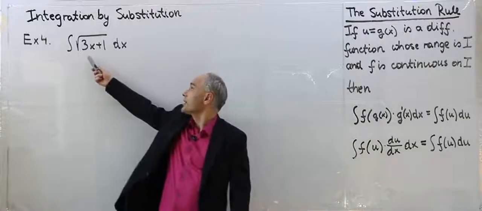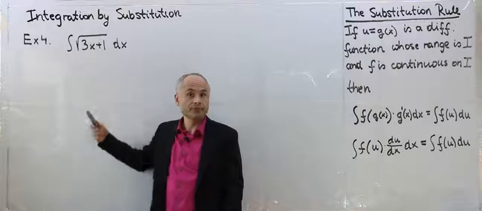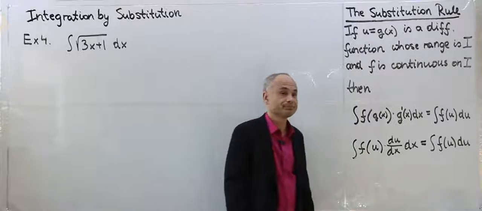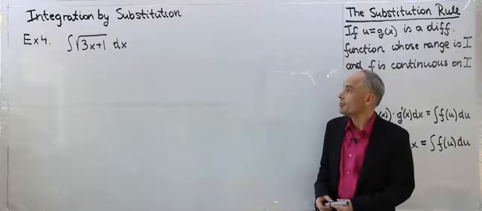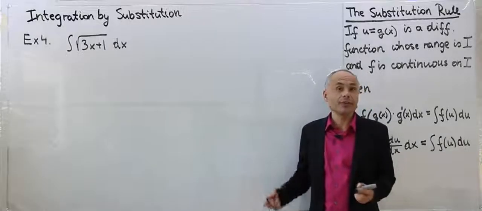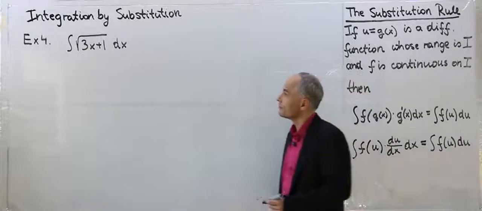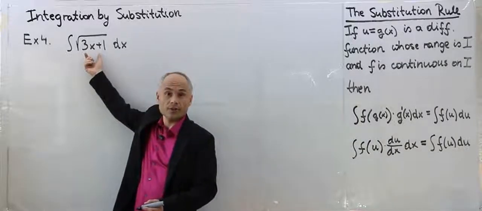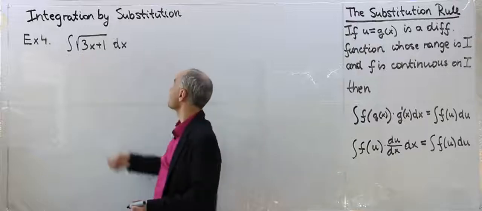So here we just see a composite function. We don't see the derivative of the inner function. But let's try to find a substitution anyway, and let's see what happens. It makes sense to let u be equal to 3x plus 1.